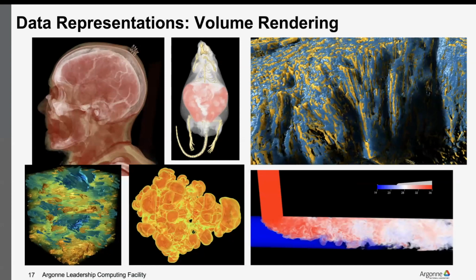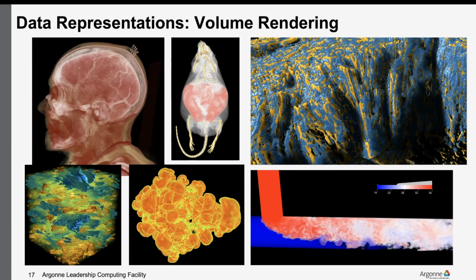So here's a number of examples of volume rendering. What this basically is, is taking a 3D data set and making some 2D representation of it. There's a number of different algorithms and ways for computing that, and there's a trade-off in terms of performance versus accuracy.